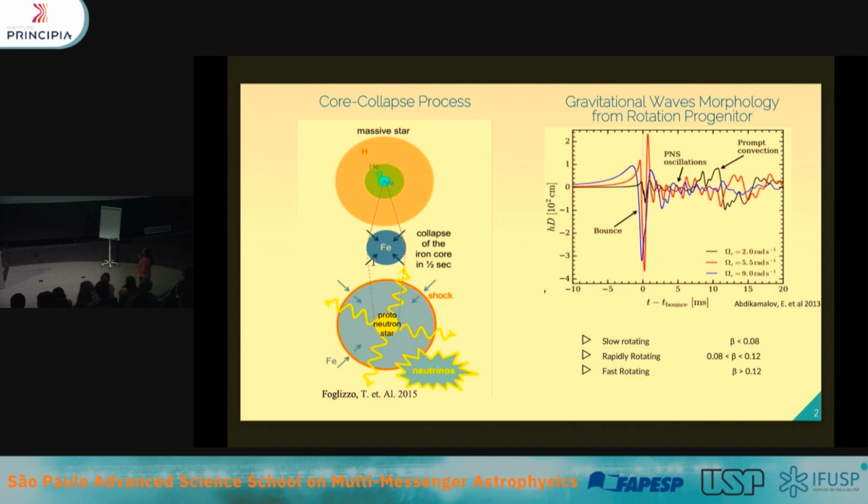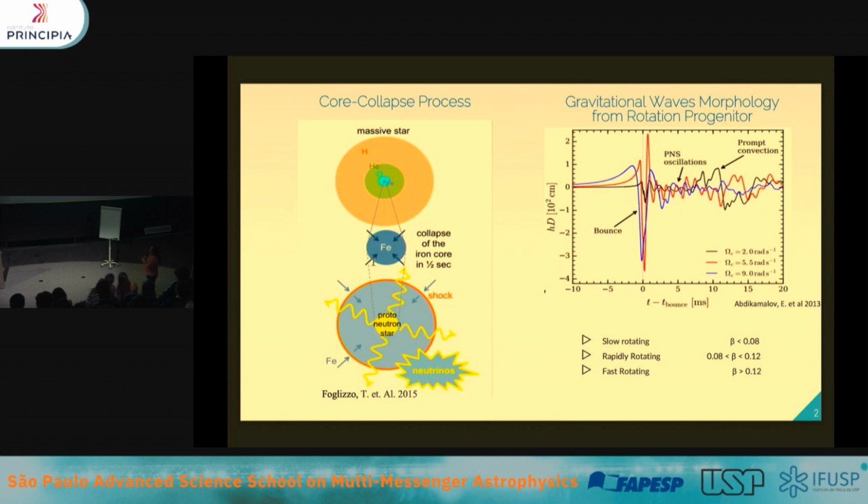It's very important because we have the angular momentum and we can separate this signal in three parts: the core bounce, the PNS oscillation and prompt convection. So we can classify these signals as slow rotating, rapidly rotating, and fast rotating.